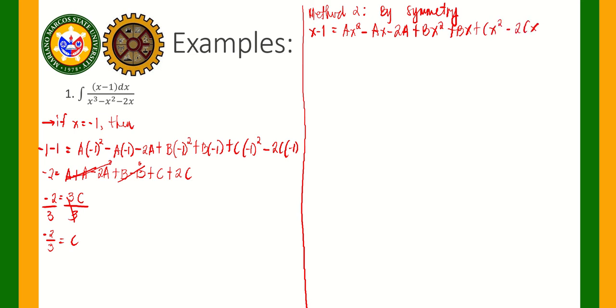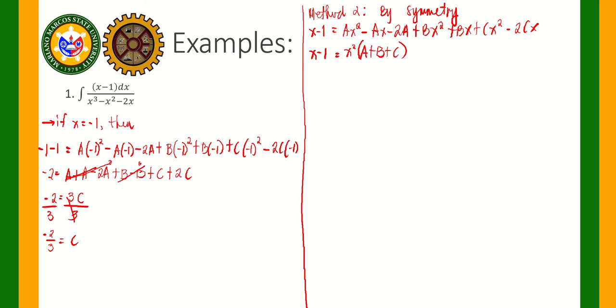Okay? So, from there, we combine like terms. Okay? So, yung mga x squared dito, i-equal natin sa numerical coefficient ng x squared dito. But before that, combine muna natin. So, lahat ng x squared multiplied by a, and then b, and then plus c.